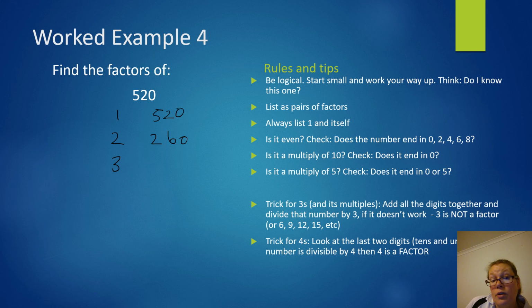So maybe 3 isn't going to work, so we can rub that one out. Okay, 4 is going to go into it because you can half that, so 4 and half that again, so that's going to be 130. 5 is going to go into it because it ends in a 0.